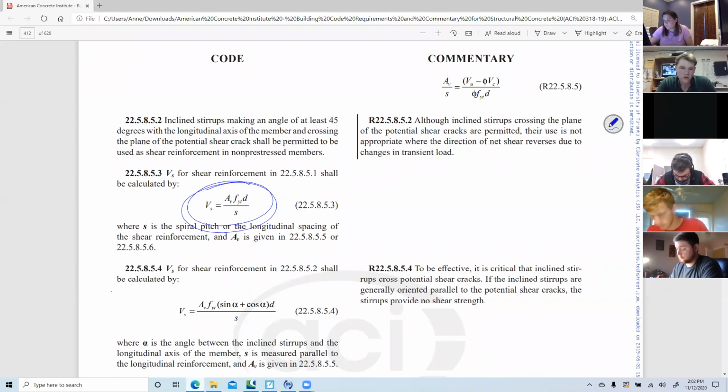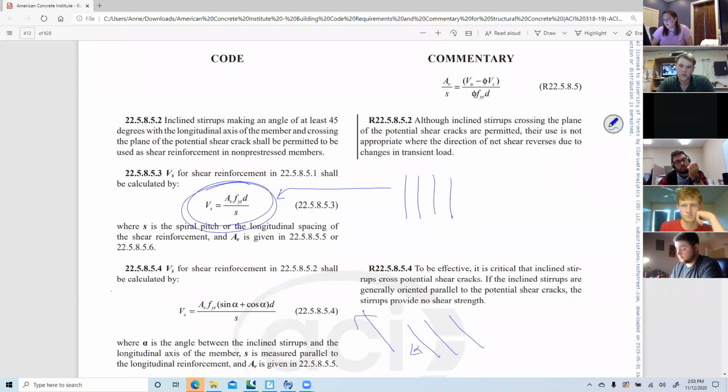Now, in the video you talked about the equation below it. Can you explain again when we have to use which? That one would be if you're on an incline. This assumes your shear reinforcement is vertical. That one assumes your shear reinforcement is at some angle alpha.